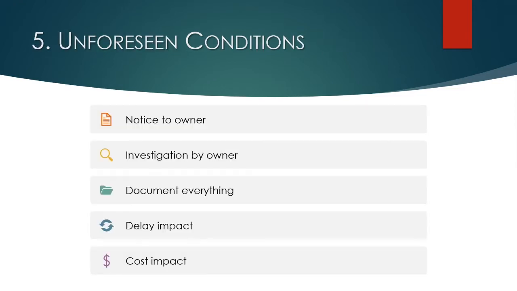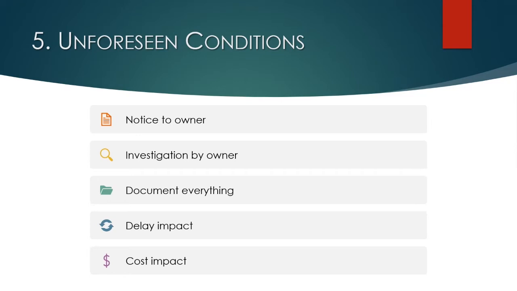Unforeseen conditions. This hopefully is spelled out in your contract, maybe not as precisely as it could be, but the point of this presentation is to give you some thoughts on things you might do to make it more specific. Most of you on the call probably know what these types of conditions are.